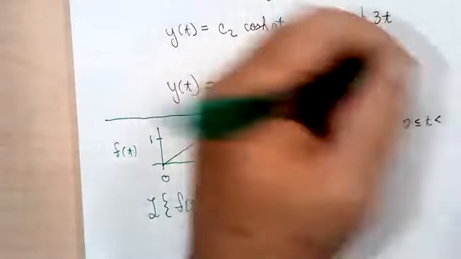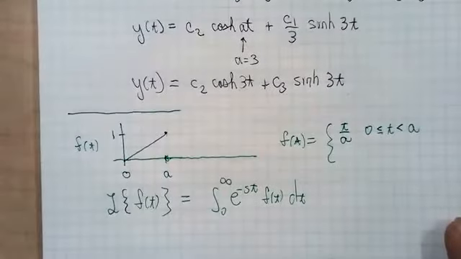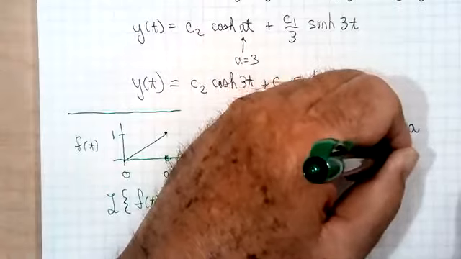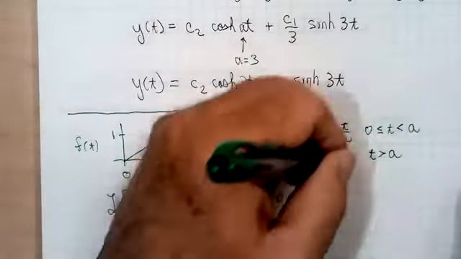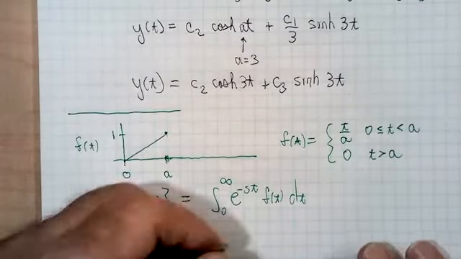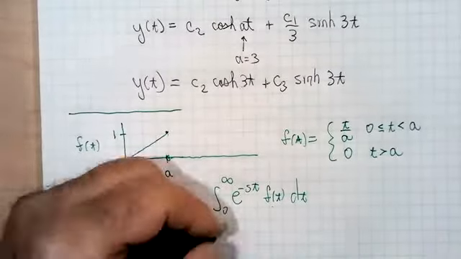You can make it equal or not, it's not going to matter for the integral. And once t gets beyond a, it's 0. So then you split this function over 2 intervals.